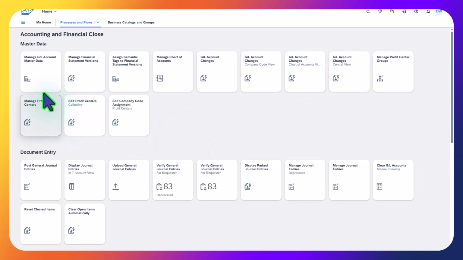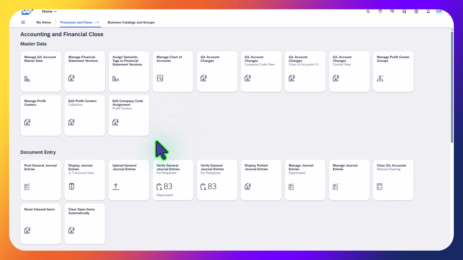So we're going to look at master data, how general ledger accountants can interact with master data, and how easy it is now to maintain your chart of accounts, your financial statement versions, different views, and also master data like your profit centers and so forth.